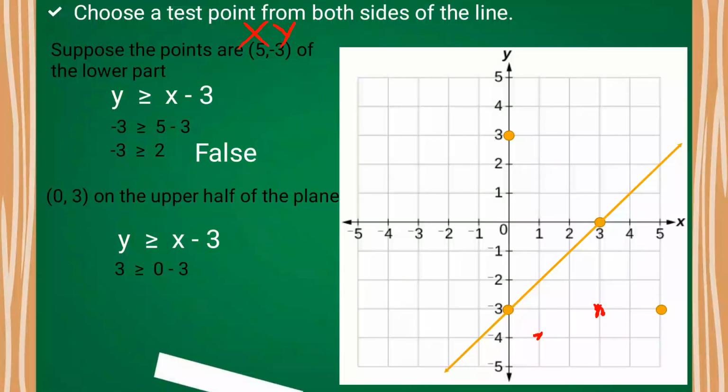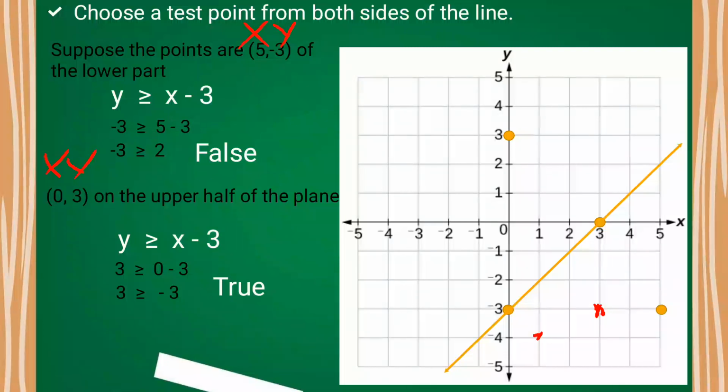So, substitute natin. Again po, this is the x and this is the y. Palitan natin siya. So, we have here 3 is greater than or equal to 0 minus 3. So, we have here 3 is greater than or equal to negative 3. Si 3 daw po ay mas mataas or equal sa negative 3. So, this one is a true statement.